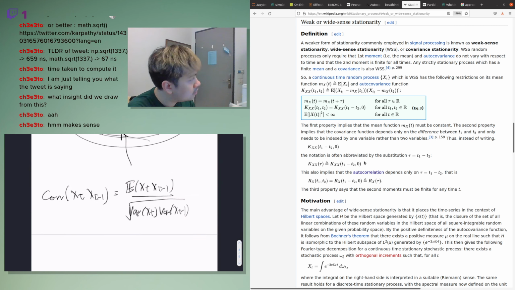And if this term is constant, then that's where I get my n from. Oh, but there's an n here as well. Wait, hold up. Covariance.